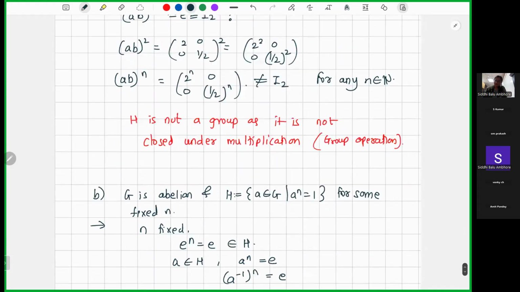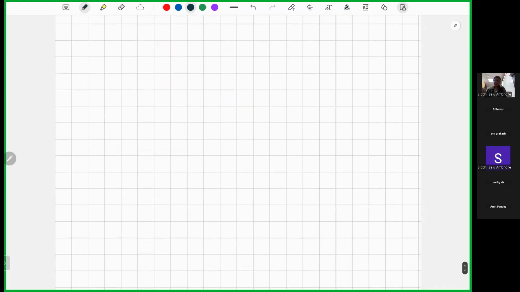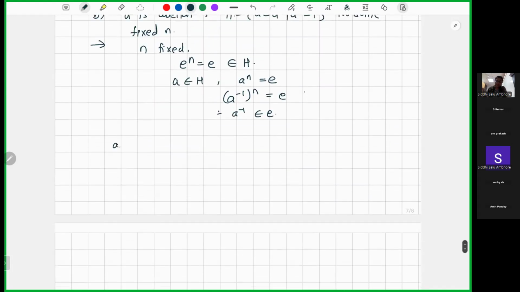So therefore A inverse belongs to H. So identity and inverse is not a problem here. So let us check for the multiplication. So let A, B in H. So what is AB? So we want to show that AB belongs to H.